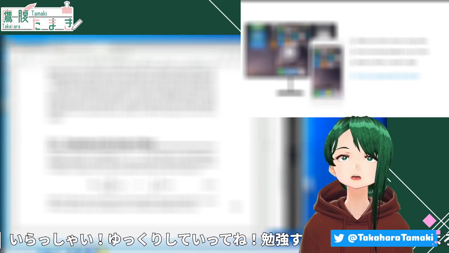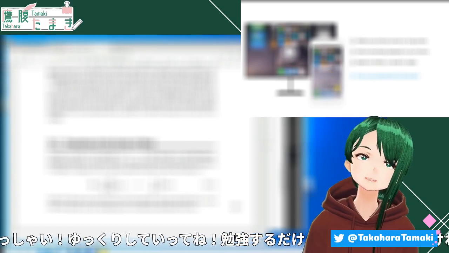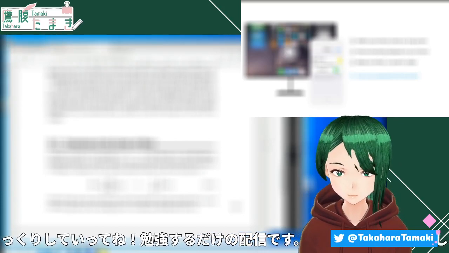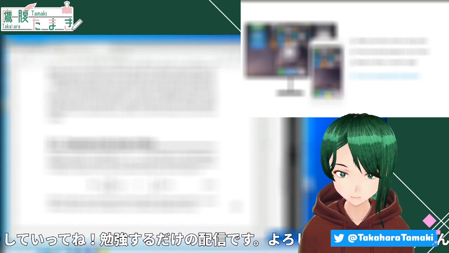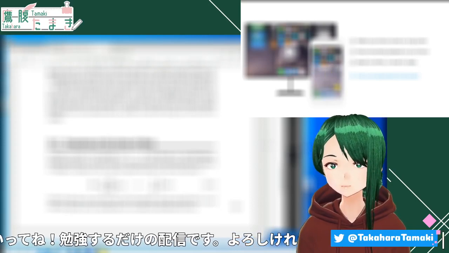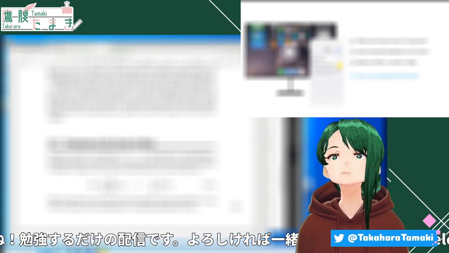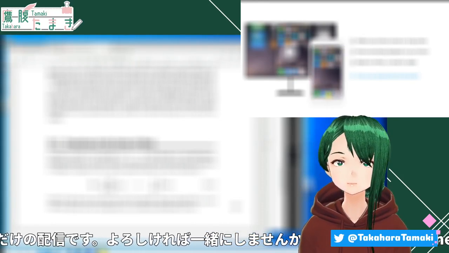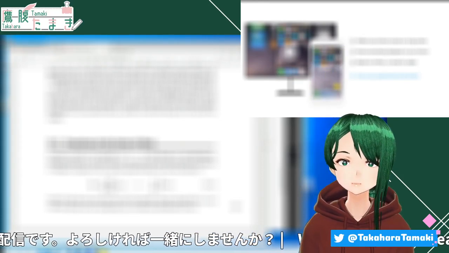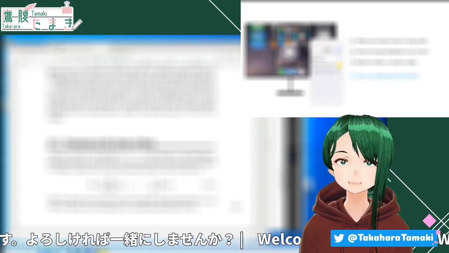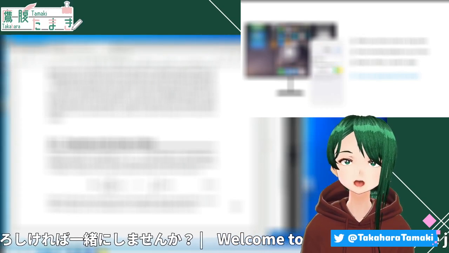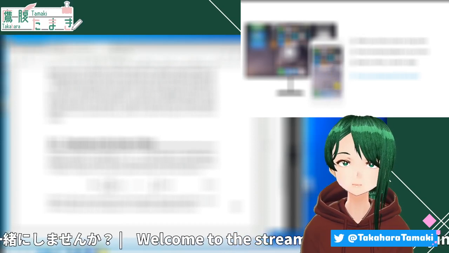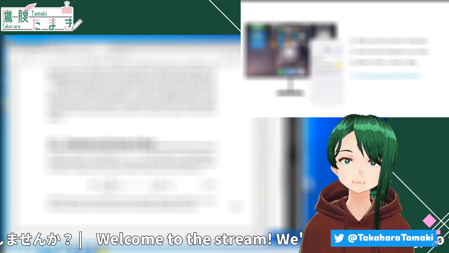Lotka-Volterra models. Oh, now there's a word that I'm familiar with. Import a TensorFlow model. Okay, yeah.